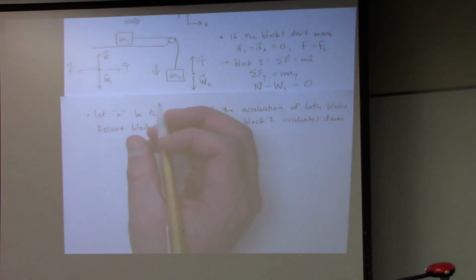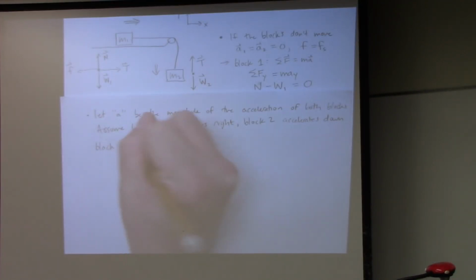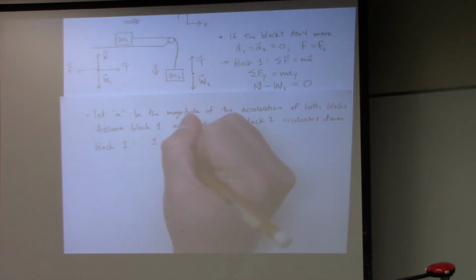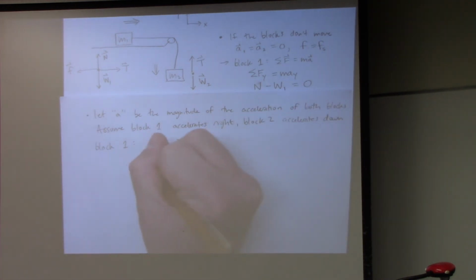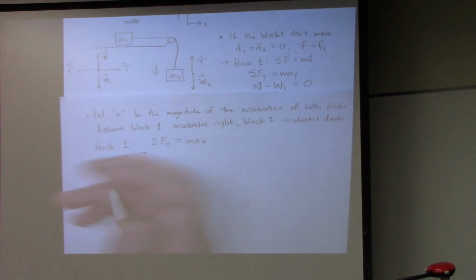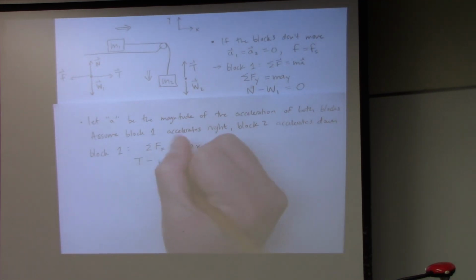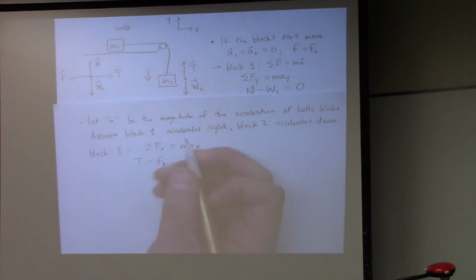Okay. So we've got block 1. We're going to do F equals ma on block 1, but this time we're not going to set the acceleration to 0. So what do we have? We have the tension force going to the right in the positive direction. We've got now kinetic friction, because it's sliding, so there's kinetic friction going the other way.